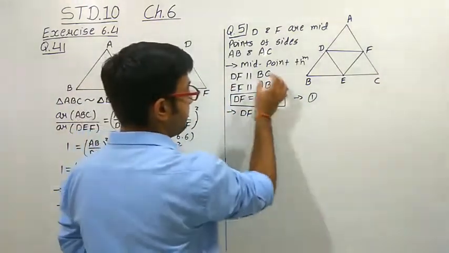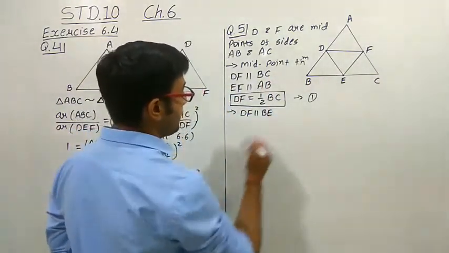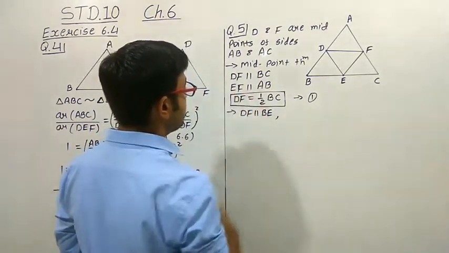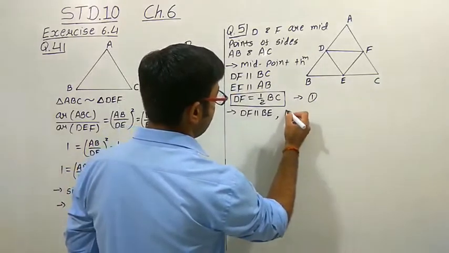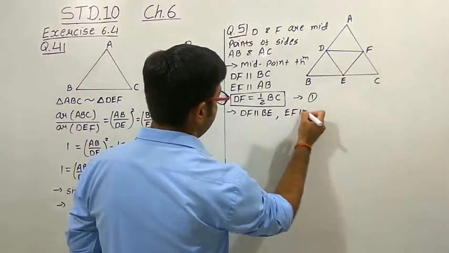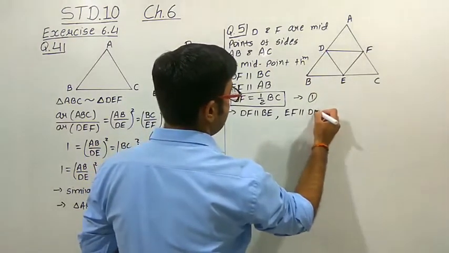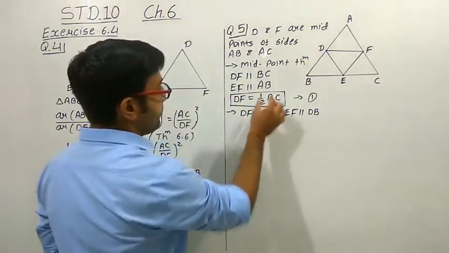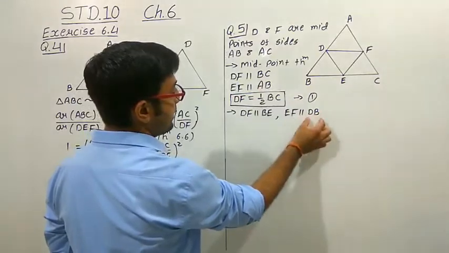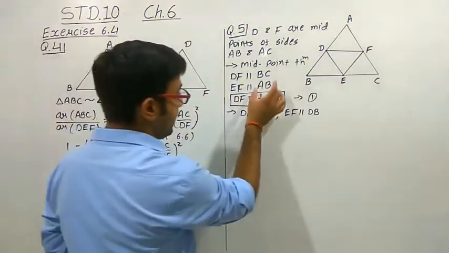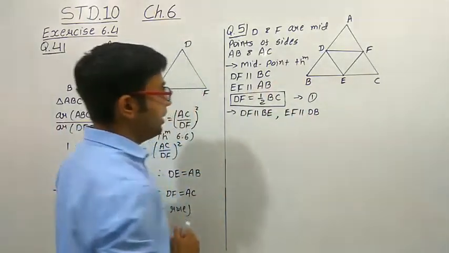In the same way, EF is parallel to AB, so instead of that we can write EF is parallel to DB, because A, D and B, all three points are collinear.